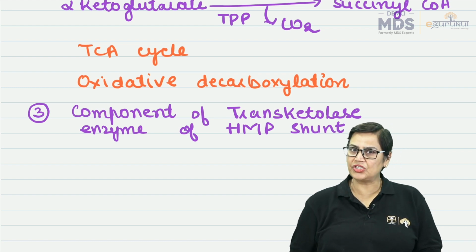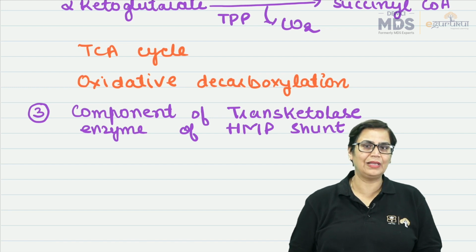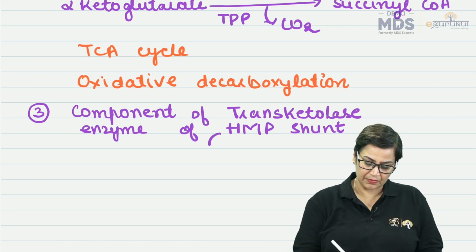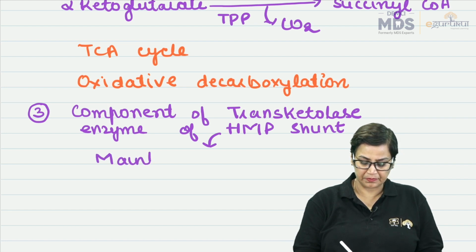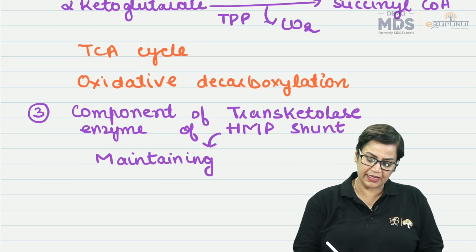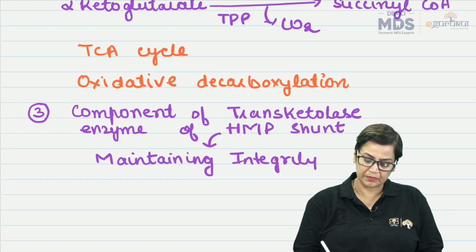And this HMP shunt plays a very important role in maintaining the integrity of the RBC's membrane.